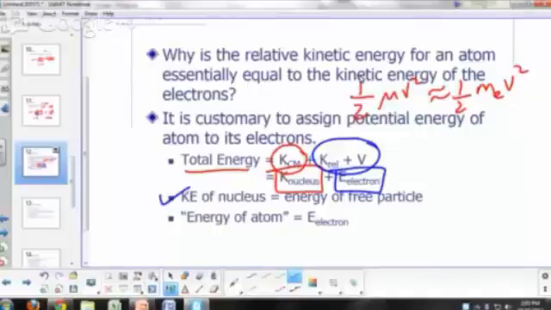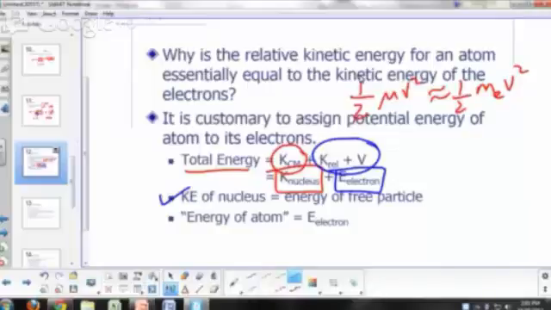The location tracks the nucleus. And then you have a part of your operator that's just going to depend on the coordinates of the electron, essentially the coordinates of the reduced mass. So you have what's called separation of variables, again, like we saw last time.